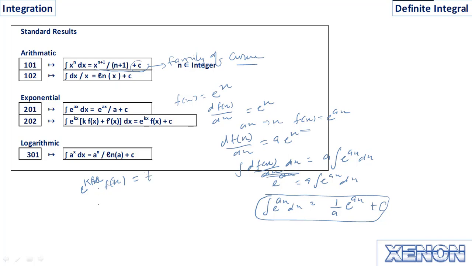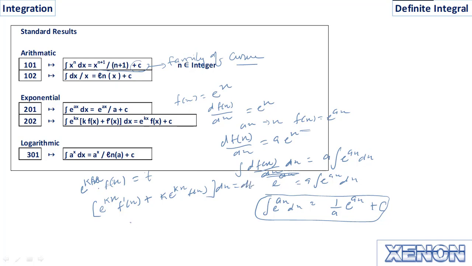Then, when we differentiate these with respect to x, we will get e to the power kx f dash x plus k e to the power kx f(x) dx equals dt.